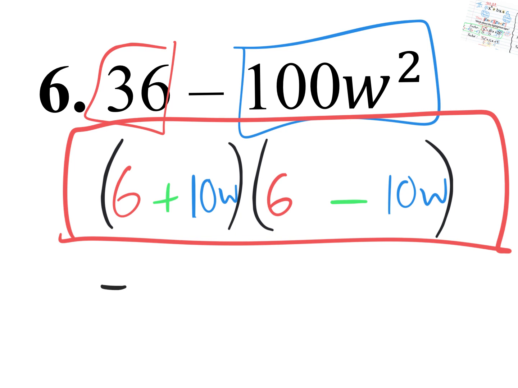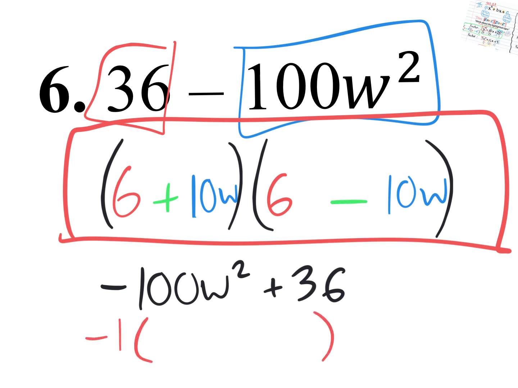So imagine if I put the negative 100w squared and then the plus 36 second. Well, first of all, right here, you have a plus sign and you want it to be a minus sign. You want a difference of two squares. So if you did want to organize it and put the w squared first, you would have to factor out a negative 1.